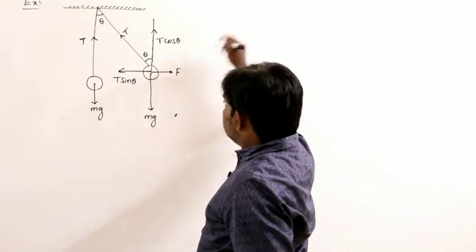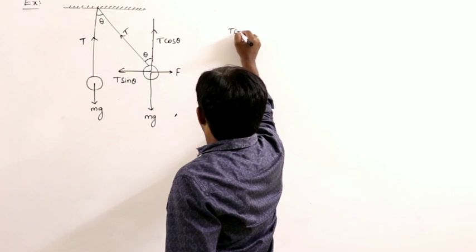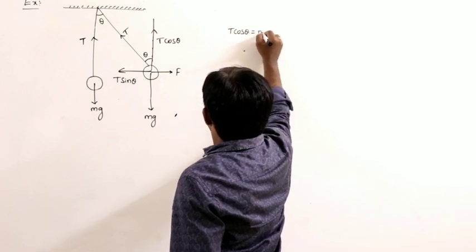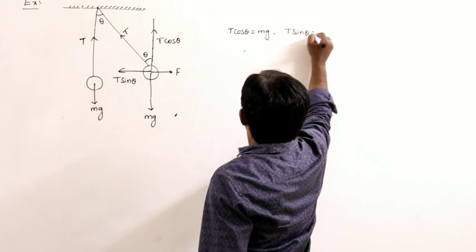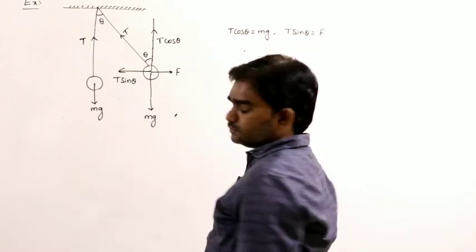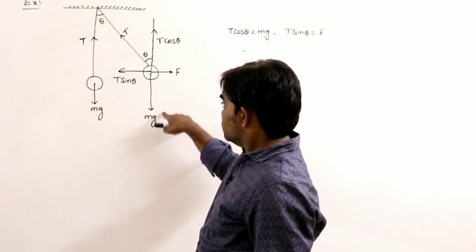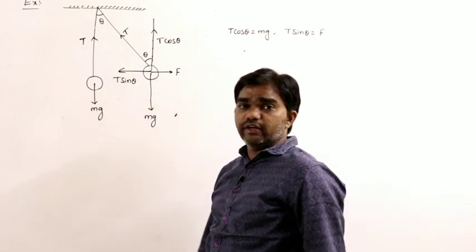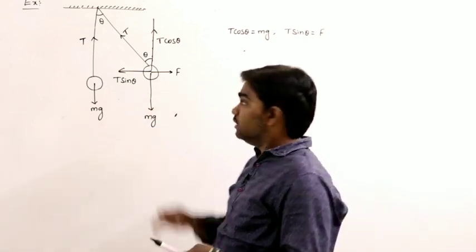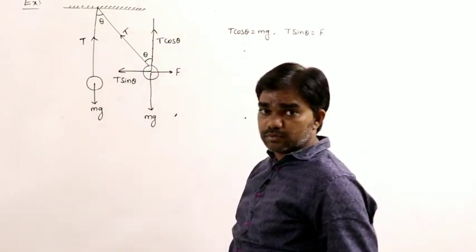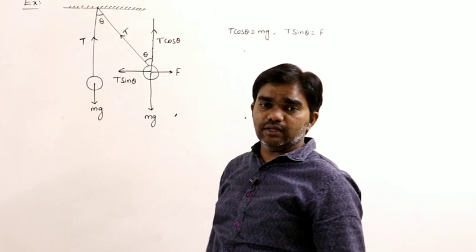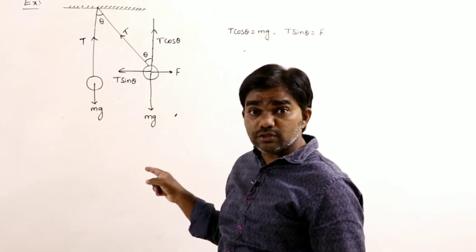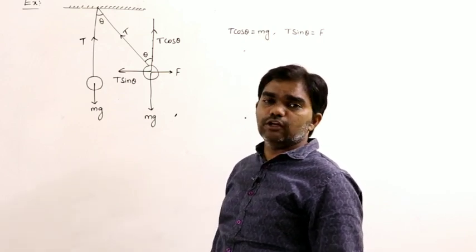That means opposite forces are equal. So here T cos theta equals mg and T sin theta equals f. Opposite forces must be equal: the upward force and downward force must be equal, and the opposite horizontal forces are also equal, if the body is in equilibrium.